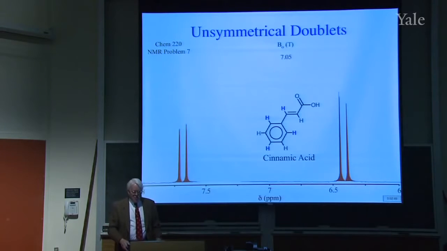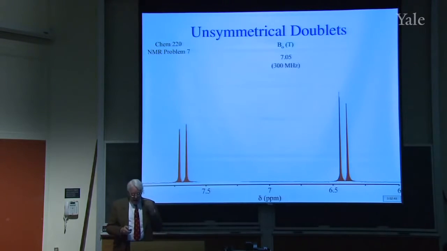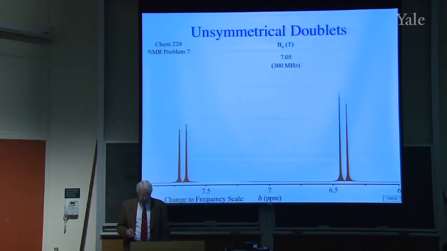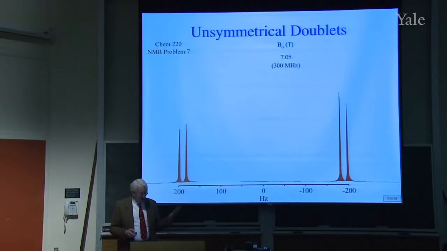Now, this is measured with a magnetic field of 7.05 Tesla. That means it's a 300 megahertz spectrometer. So instead of using parts per million down here, we could change to a frequency scale, hertz. And in terms of frequency, if we call 0 the middle, then that's lower frequency to the top, higher frequency to the bottom.